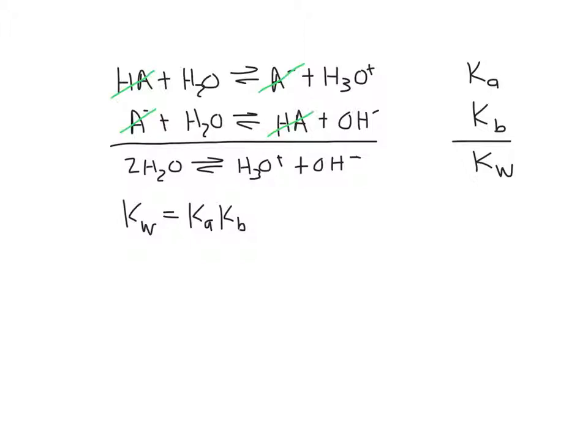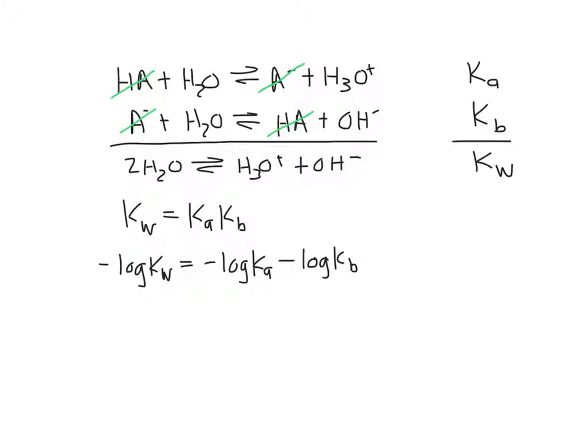Notice that this Ka and this Kb must be for a conjugate pair. So this must be the Ka for the conjugate acid, and this must be Kb for the conjugate base of that conjugate acid. Just as we did for pH, we can designate the Ka and the Kb on a p, a minus log scale. And so if I take minus the log of both sides of this equation, I get minus the log of Ka minus the log of Kb is equal to minus the log of Kw.